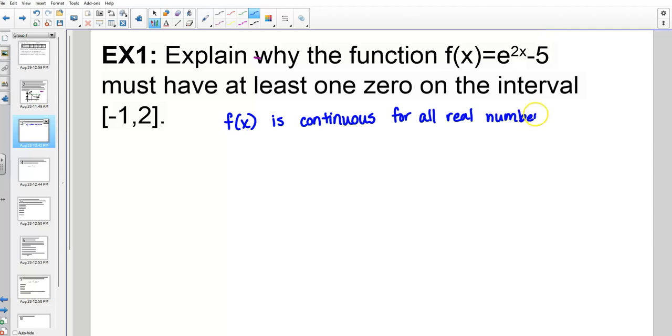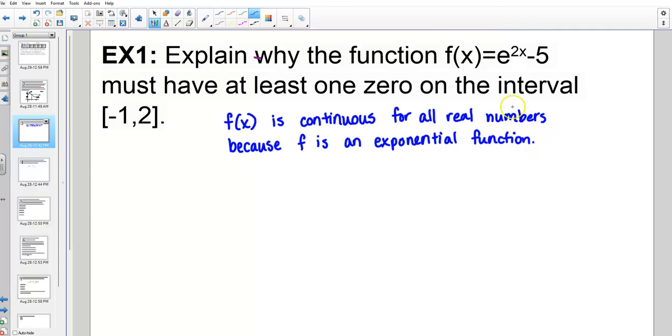How do I know? Like, without a calculator, how do I know that's continuous? Exponentials are just always continuous. So, because f is an exponential function.